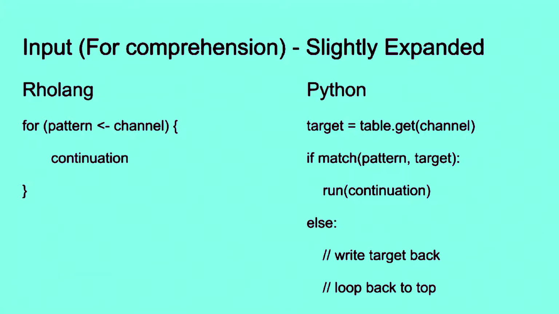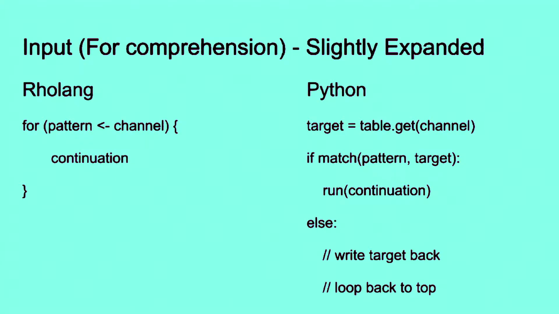The other aspect is that if the pattern does not match the target, then we need to put back that data into the tuple space. And then we would loop back to the top, in the sense that we're always trying to listen for more things from the channel. And so that is the input.